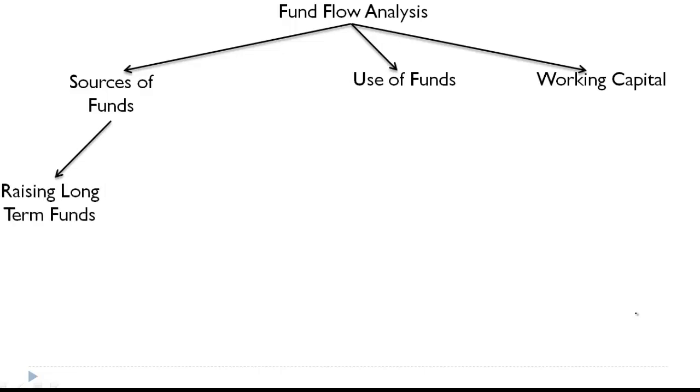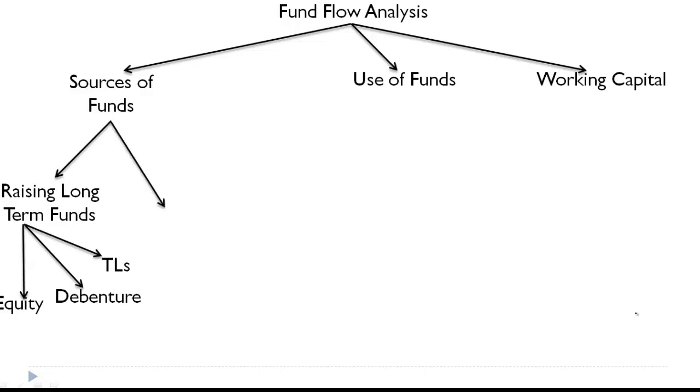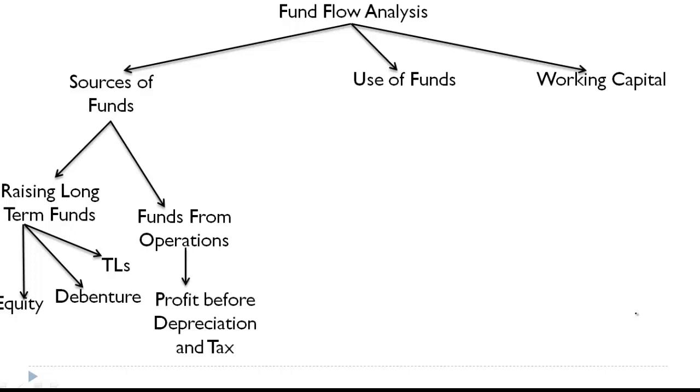Long-term funds can be from owners in the form of equity, from debentures, or from term loans. The other possibility is from business operations, funds from operations, that is profits before depreciation and tax. And the third possibility is disposing the long-term assets.